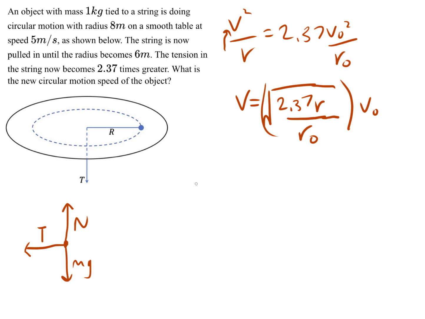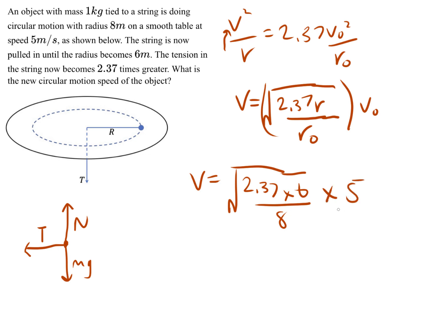So now we just need to plug all the numbers in. The square root of 2.37 times the new radius of 6 meters, divided by the initial radius of 8 meters, times the initial velocity of 5 meters per second.